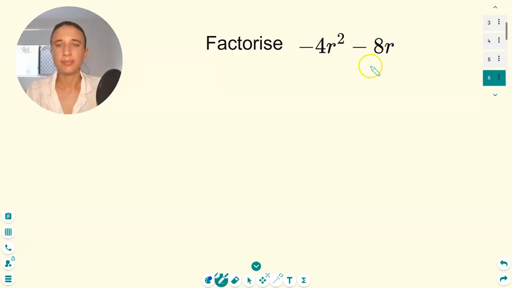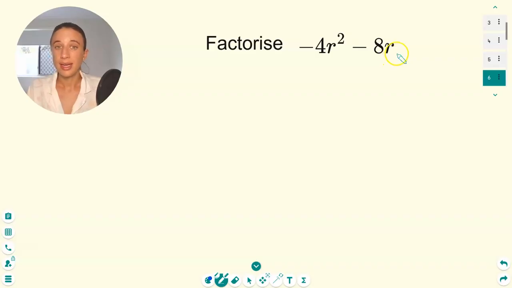Factorizing this one. A good first step: they're both even. You would think that 2 is initially the highest common factor, but sometimes one of the numbers is actually a factor of the other number. See how 4 goes into 8?